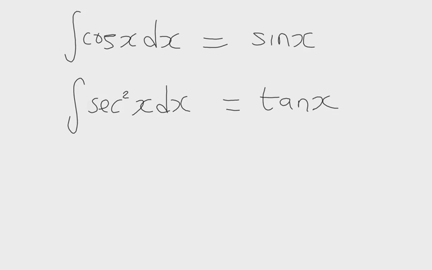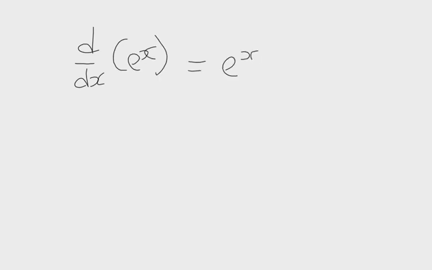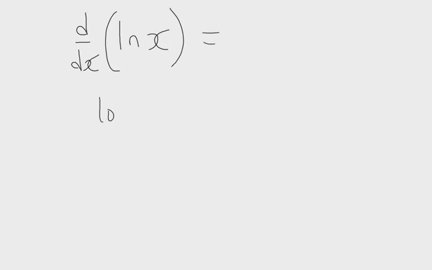Okay? Now, there is another one. When you differentiate e^x, d/dx of e^x is equal to e^x. Okay? So that means when you integrate e^x with respect to x, you still get e^x. Okay? And then when you differentiate ln x, that means ln x is the same thing as natural log.